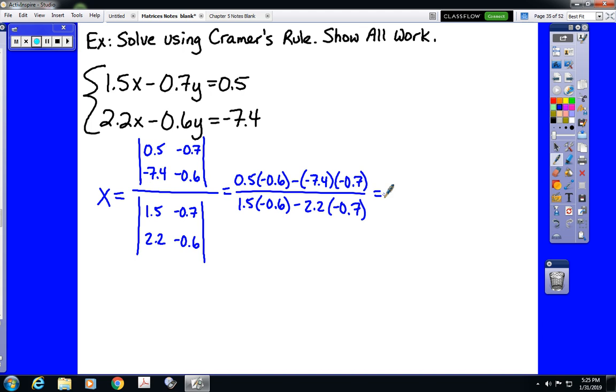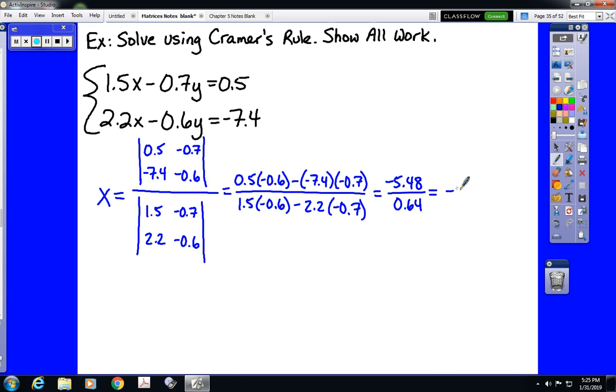Feed the calculator to find out what those values are. That would be negative 5.48 divided by 0.64, and then we would actually carry out that division.